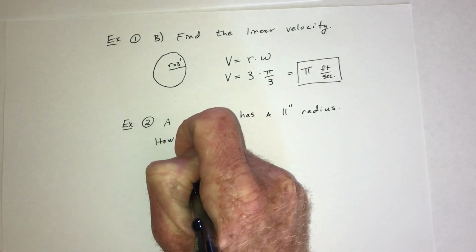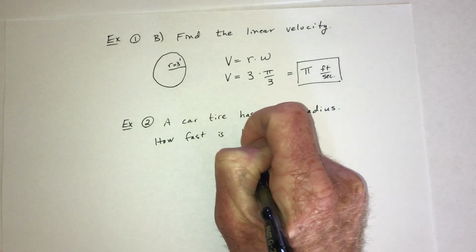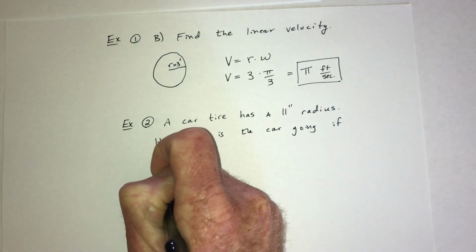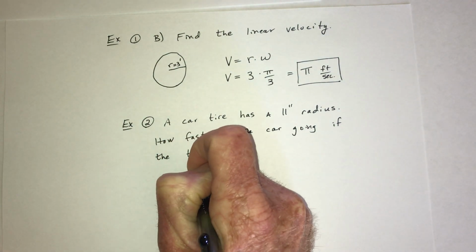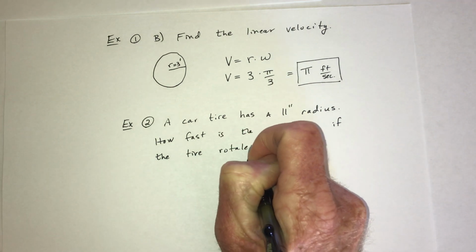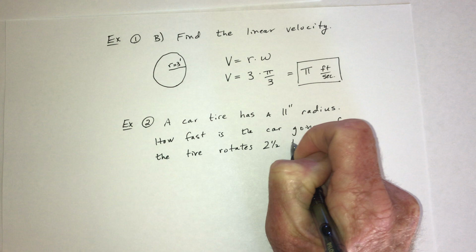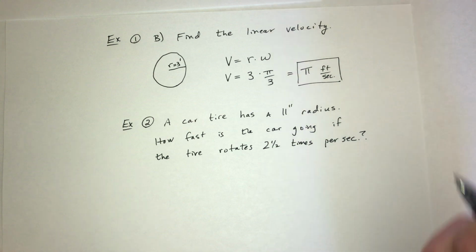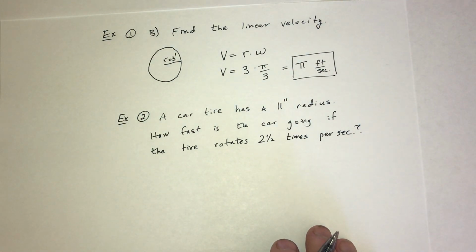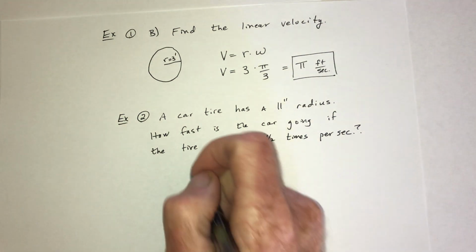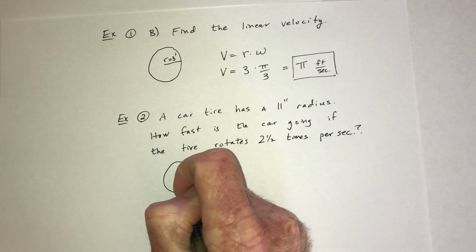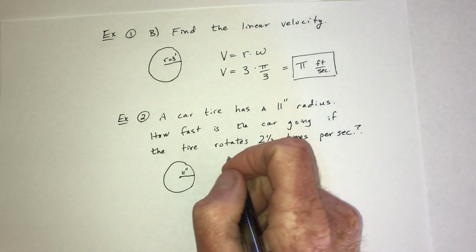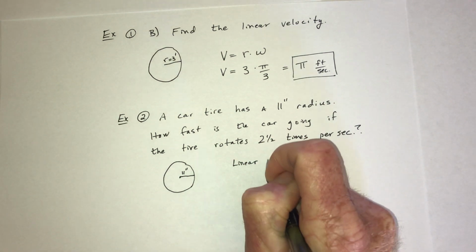So how fast is the car going if the tire rotates 2.5 times per second? All right, so the radius is 11 inches. How fast is the car going? So that's asking for linear velocity.